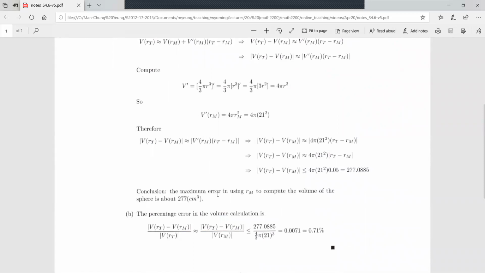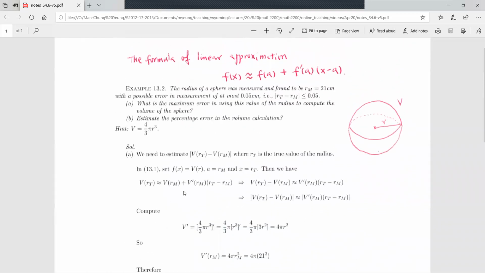The maximum error, the error of the computed volume from the exact volume. The maximum error in using Rm = 21 to compute the volume of the sphere is about 277. This is our question A.